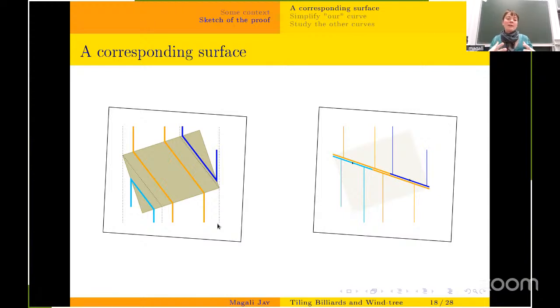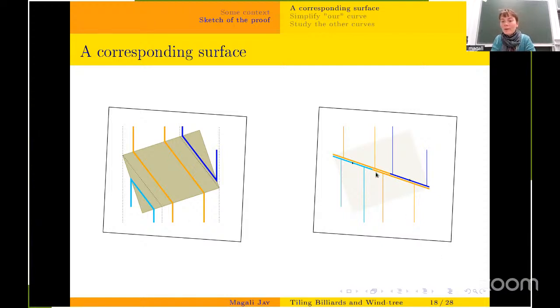So instead of having this obstacle and broken lines, I can just remove the obstacle and put a slit. So I have my torus, I forget the obstacle, and I cut along the diagonal of the obstacle. And I do identifications from the bottom part of the slit to the top part of the slit, according to these trajectories.